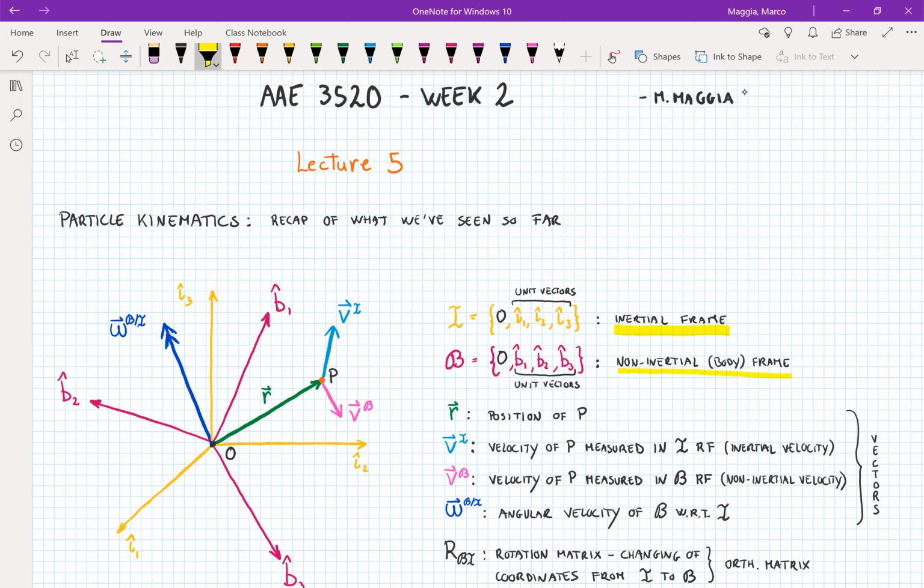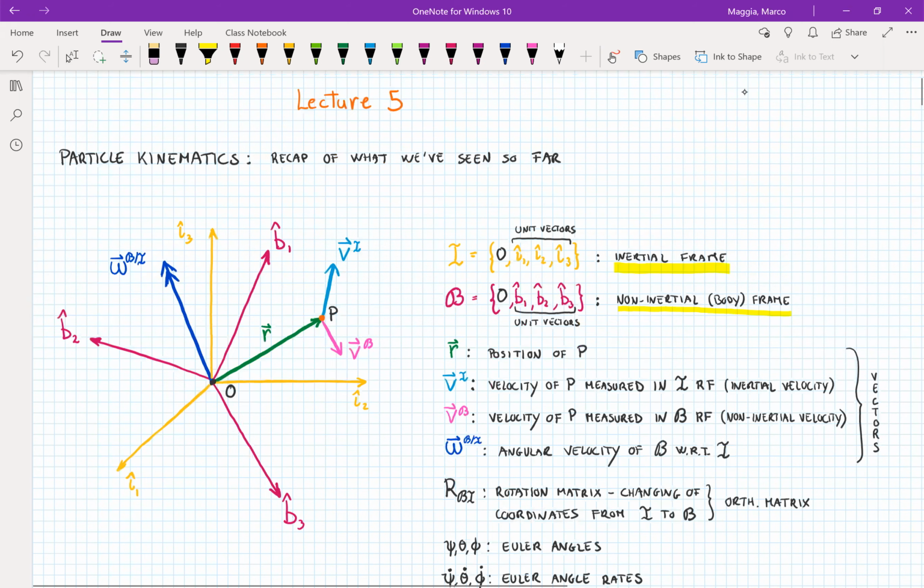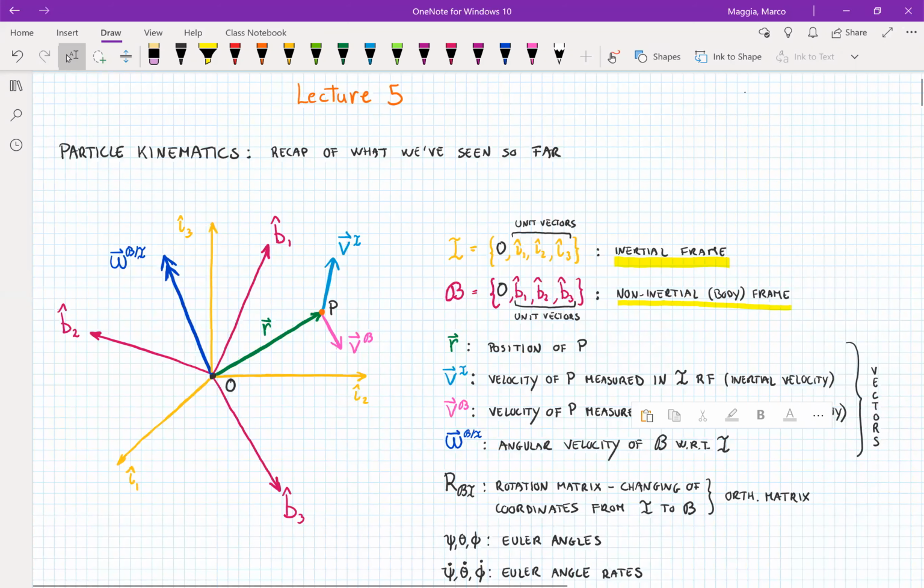And I'm trying to keep also the color scheme consistent, so you'll learn to recognize also the colors. So usually with this orange, yellow, I indicate the axes or the versors of the inertial frame. And then with this maroon, purple color, I'm indicating the body frame of reference versors.